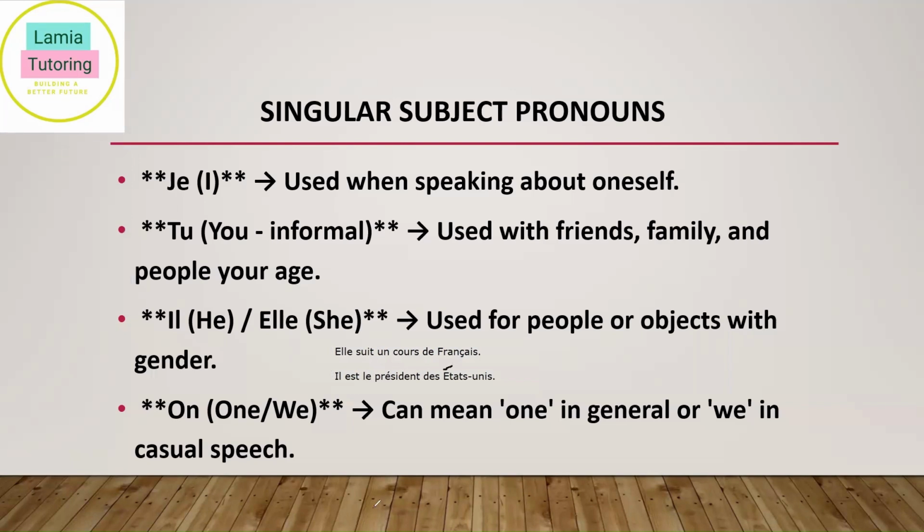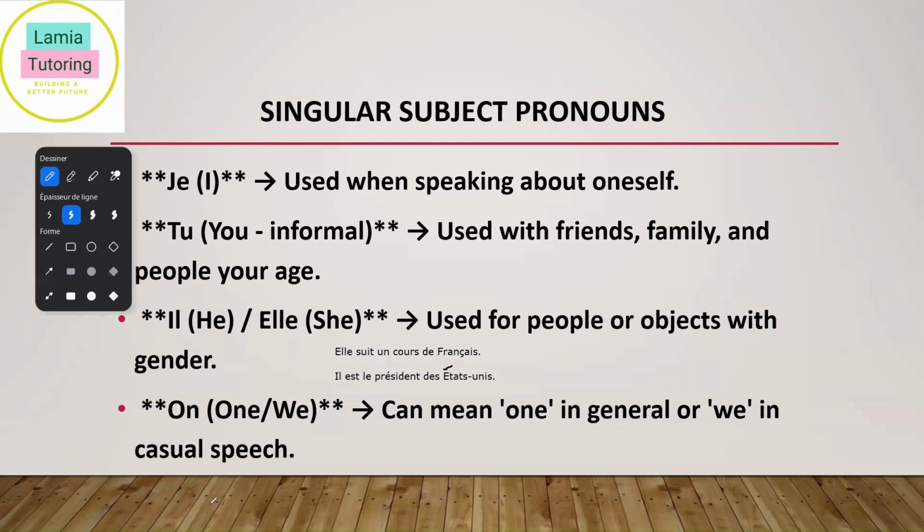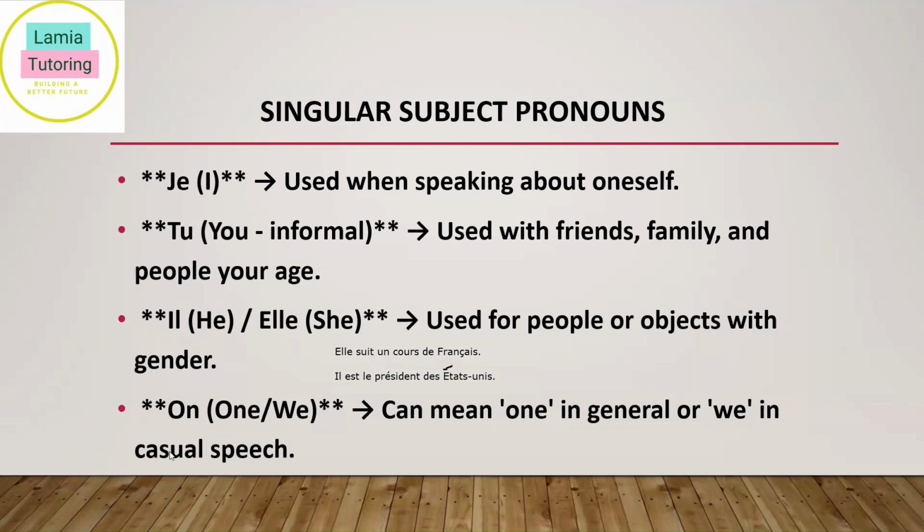So, okay, we get to on. So on could mean one, or it could mean we. It can mean one, like one can only wonder. See what I mean? Let me just put it and give you one can only wonder, for example.